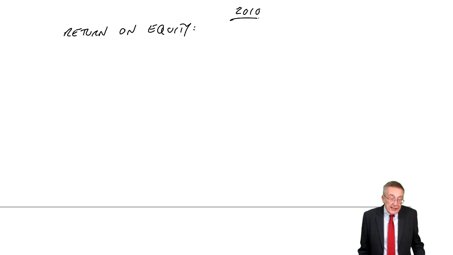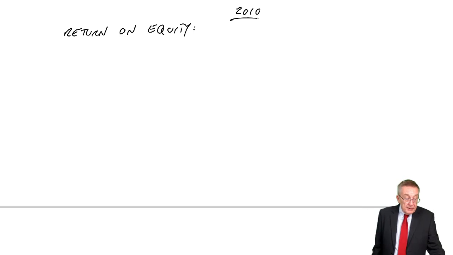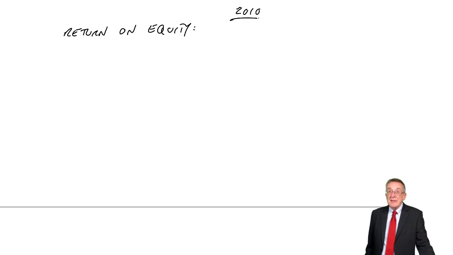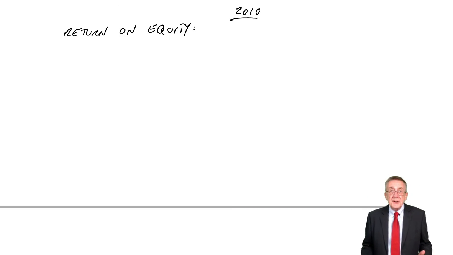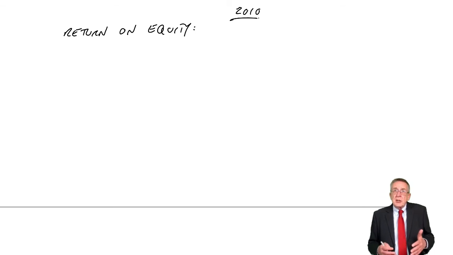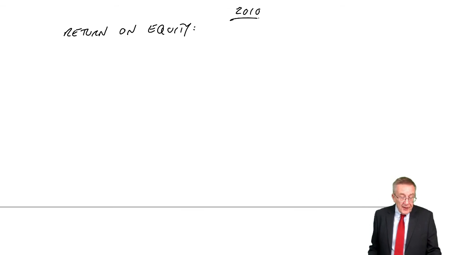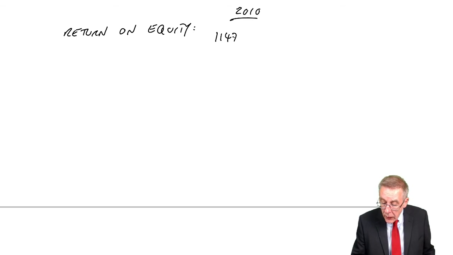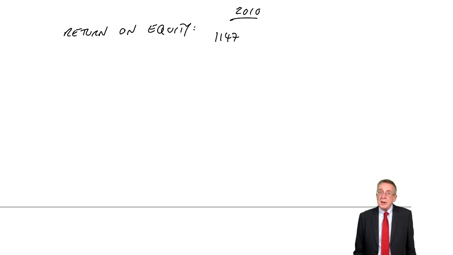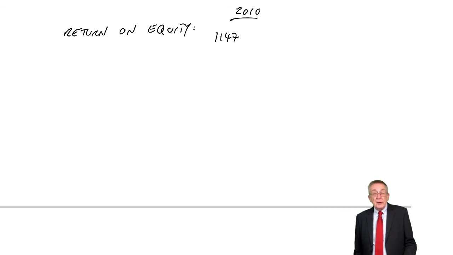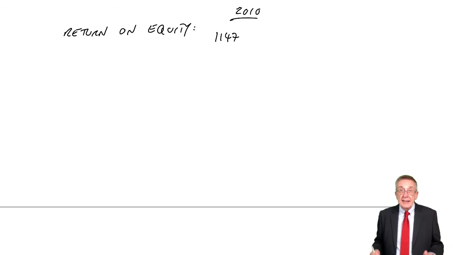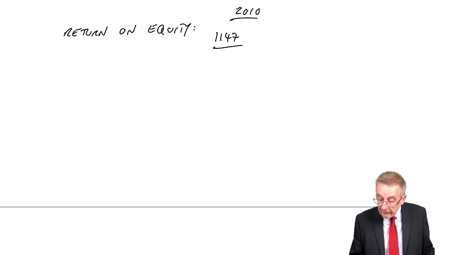Well, it's the very final profit, 2010. The profit after tax is 1147. That belongs to them, unless there is a preference dividend, as equity is just the ordinary shareholders. So the profit that actually belongs to the ordinary shareholders is the final profit of 1147, less any dividend going to preference shareholders. Well, there's no preference here. So 1147 is the money belonging to the ordinary shareholders.